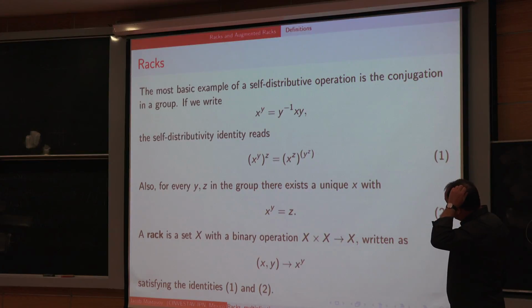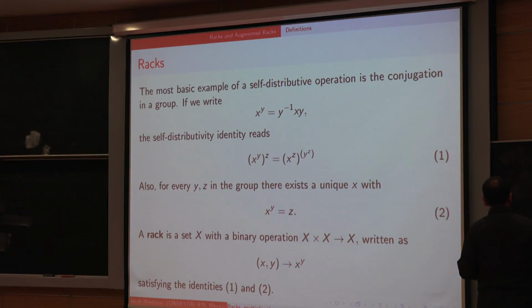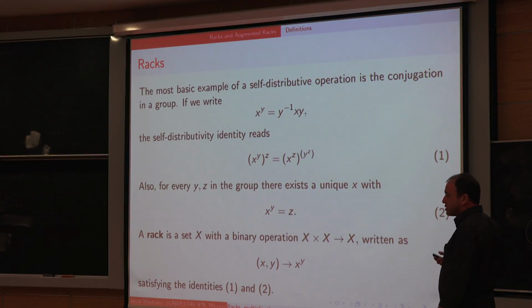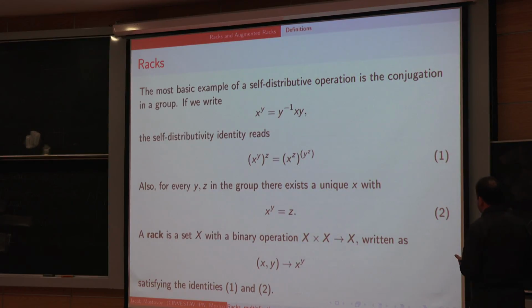I mean, the terminology was invented by Conway, and Conway wrote them with a W, wracks, and so they had no furniture associated meanings, this term. So a rack is basically what you get if you axiomatize the conjugation in a group.